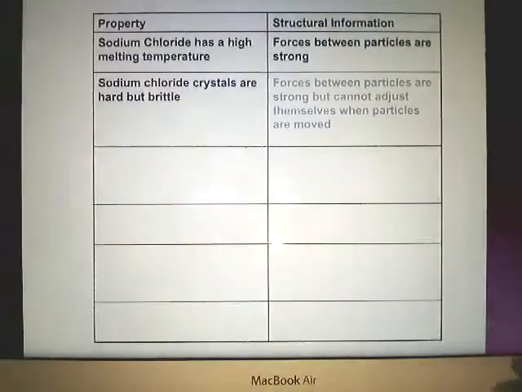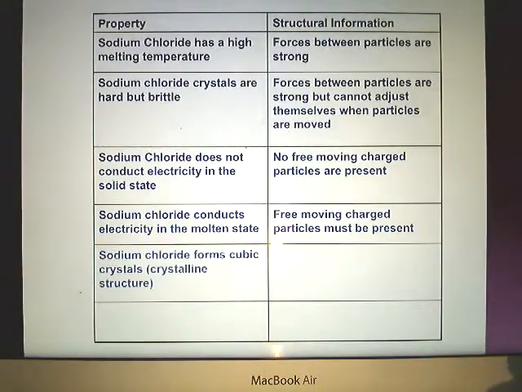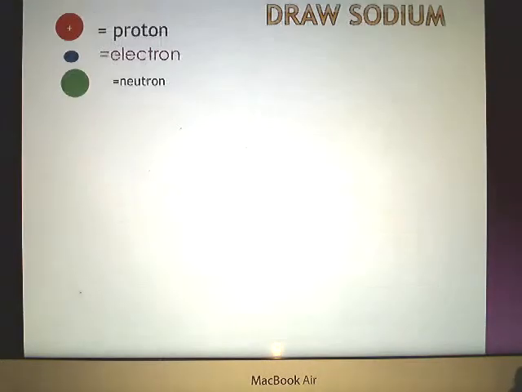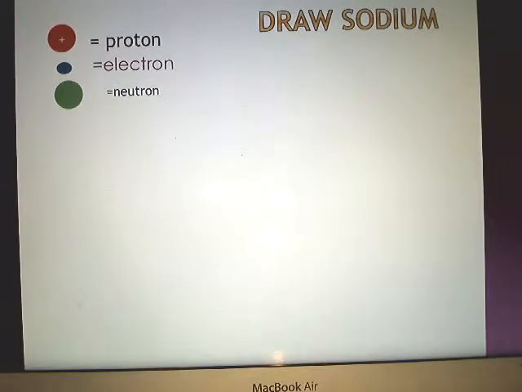Now, we're going to start off here. Okay, let's get through all of these. We just went through those. What I want us to do is go back to the start, and I want us to draw out sodium. Give yourselves a few minutes to do that.